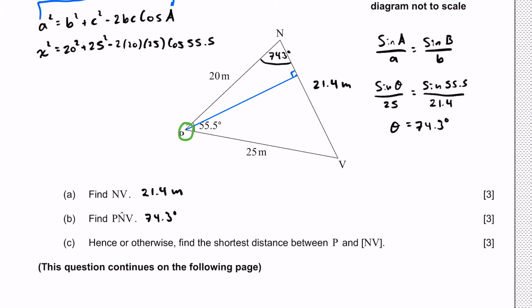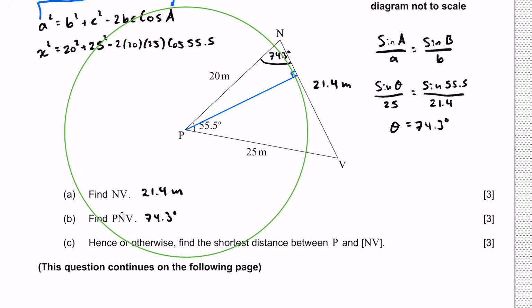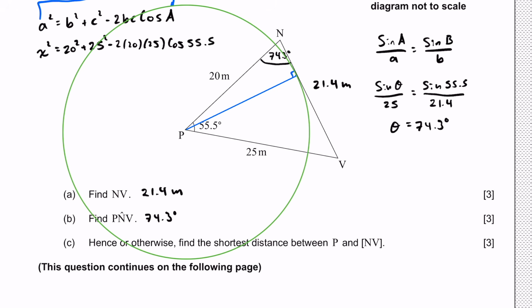So if we, for example, imagine this, where is the point where we are the closest distance? I guess if the circle was a little better, maybe it would be something like this. But where are we closest? Well, when we're directly perpendicular, when we can walk in a straight edge from this line segment NV. So what we want to find is this distance right here. And we can call it D, I suppose.